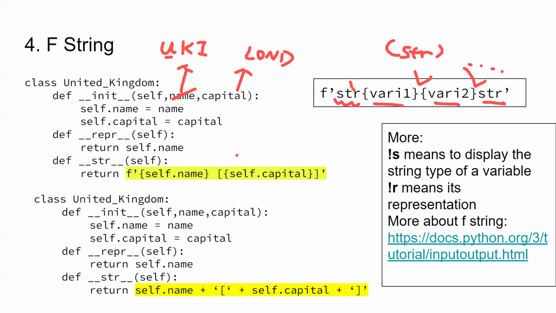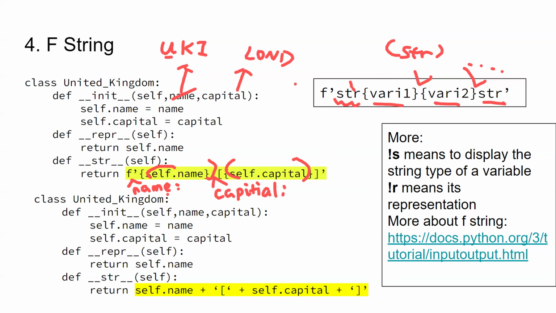And the string, for example, I will say name, and then colon, and then capital, and then colon. Those are the strings. And these ones are the variables. They are the variables using the brackets to enclose the variables.